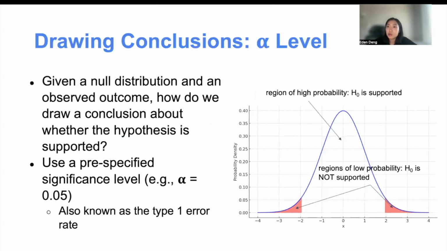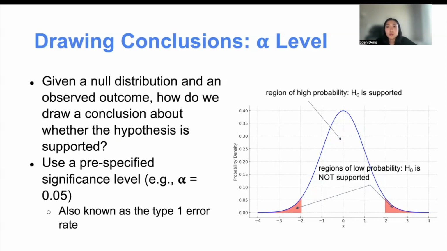All right, so after we've established our null distribution for our test statistic and we've collected our real-world data, the next question is, how do we draw a conclusion about whether the null hypothesis is supported? To do that, we use something called the alpha or the significance level, and this is essentially the probability at which you as the researcher would deem something to be sufficiently unlikely such that you would reject the null.